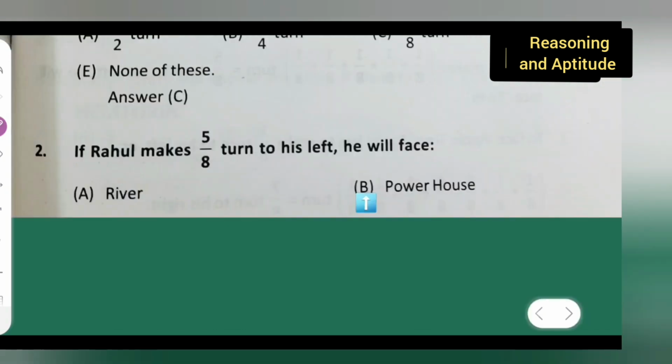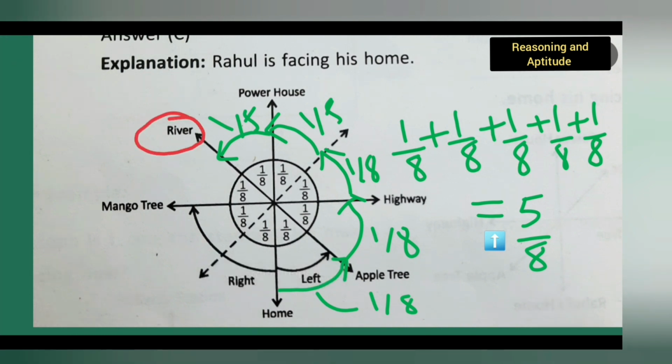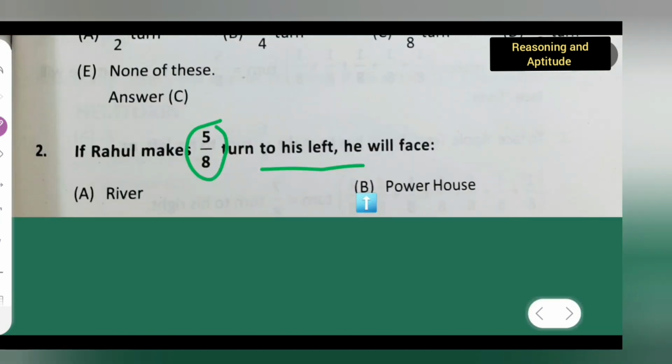So you are all getting a 5/8 turn towards his left side. So obviously the river is your answer from the given options. So option A is the correct option.